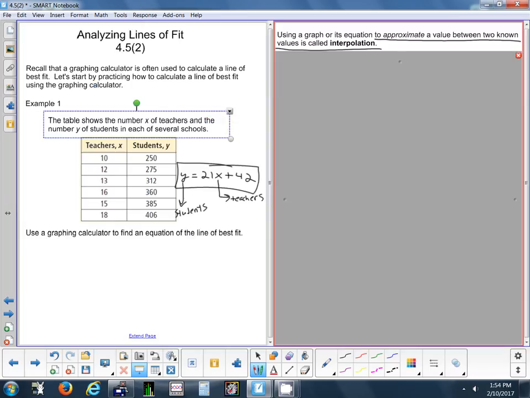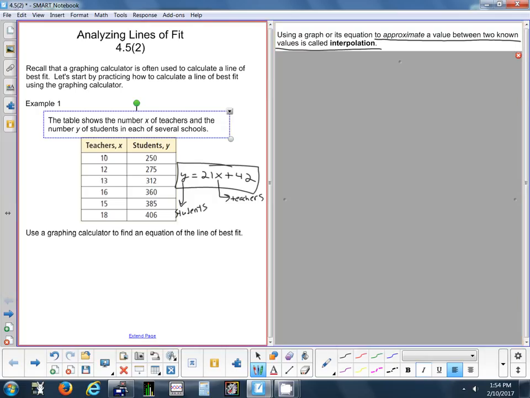All right, so if I look at this table of teachers and students, can somebody give me a number of teachers that's not in this table, but it's somewhere between 10 and 18? Give me an amount of teachers somewhere between these known values, but it can't be one that's in that table.